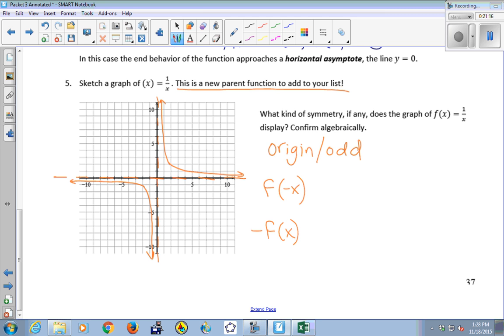So opposite x values are supposed to give you opposite y values to get odd symmetry. These should be the same to have an odd function. So if I plug a negative x in, I get 1 over negative x. If I put a negative in front of f of x, I get negative 1 over x. Are those the same?